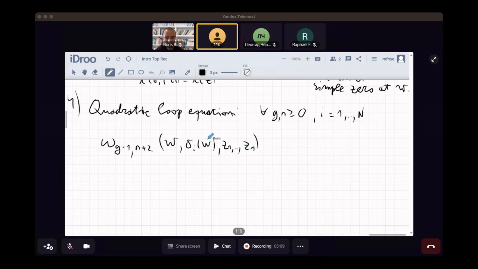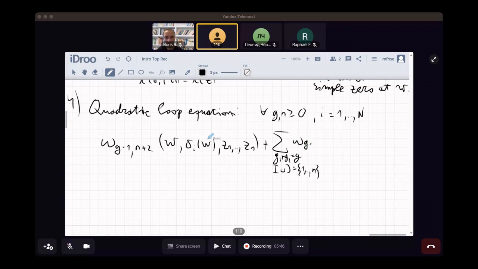You recall a term like this from the original definition of topological recursion, right? And then, as you could probably expect, plus the sum over g1 plus g2 equals g, I degenerate union J, j equals 1 and so on n. This sum is just the regular sum, not sum prime, as we had in the original definition.